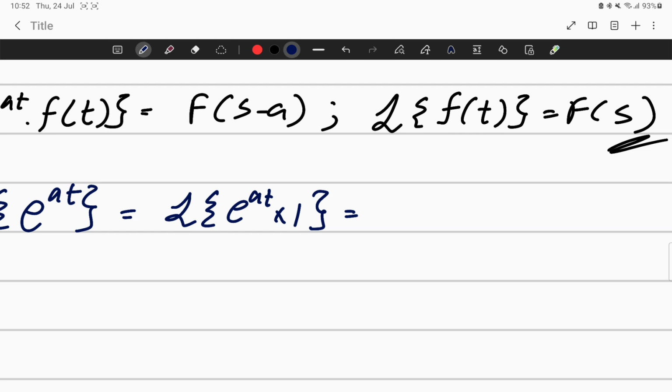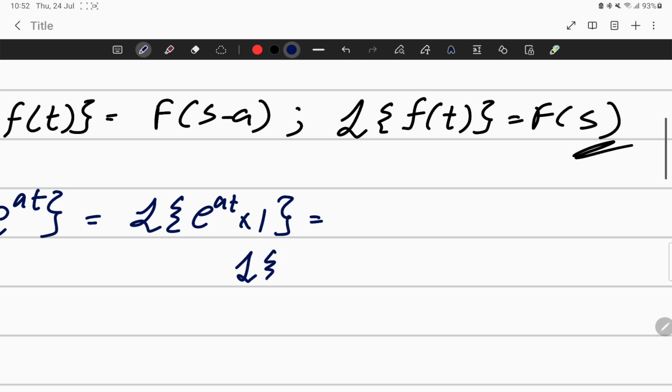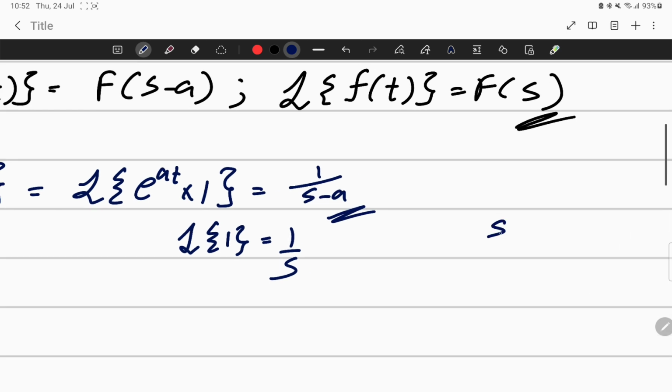It is 1 over s, so I have to shift it by minus a, so it is 1 over s minus a, because I am going to shift s by s minus a.